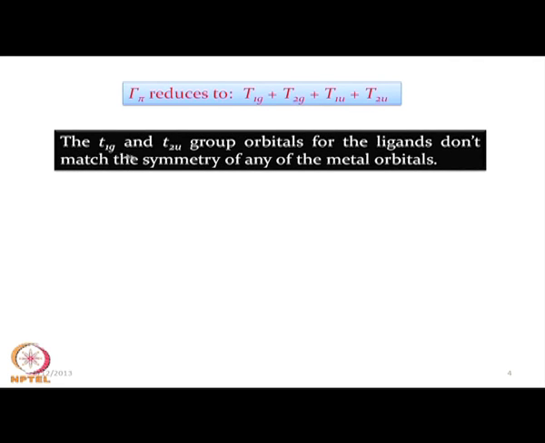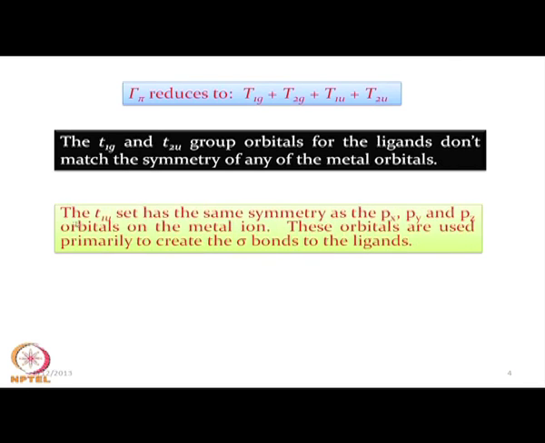So, the T1g and T2u group orbitals of the ligand do not have the corresponding symmetry of any of the metal orbitals. So, T1g and T2u are just therefore not matching. The T1u set has the same symmetry as the Px, Py and Pz orbitals on the metal ion. So, these orbitals are used primarily to create the sigma bonds to the ligand.